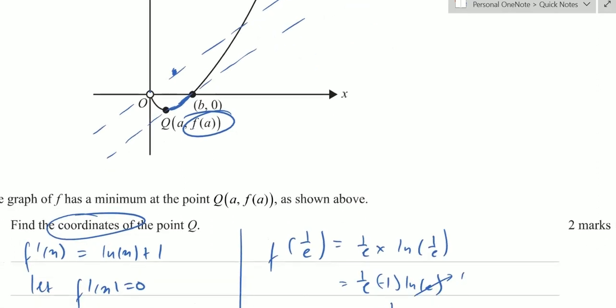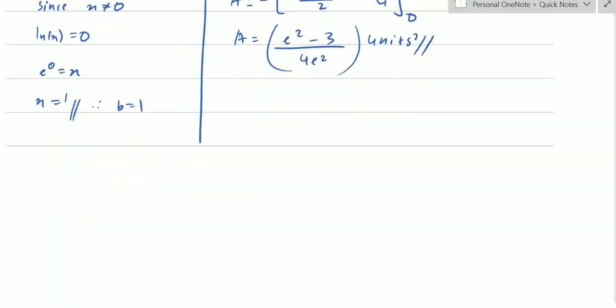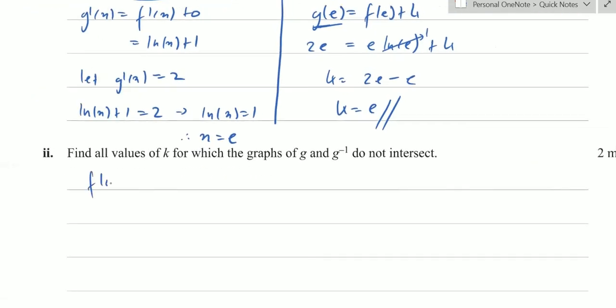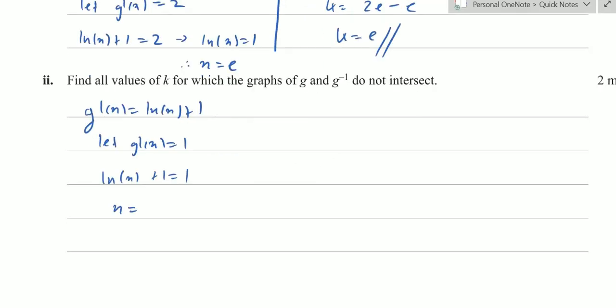And the way to do that is to find when the graph is parallel to y equals x. So g dash x is ln x plus 1. And when it's parallel to y equals x, g dash x equals 1. So let g dash x equal 1. ln x plus 1 equals 1. So x equals 1.